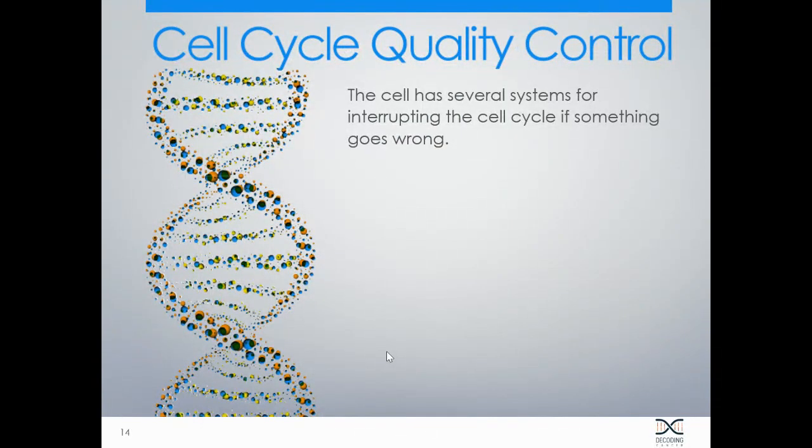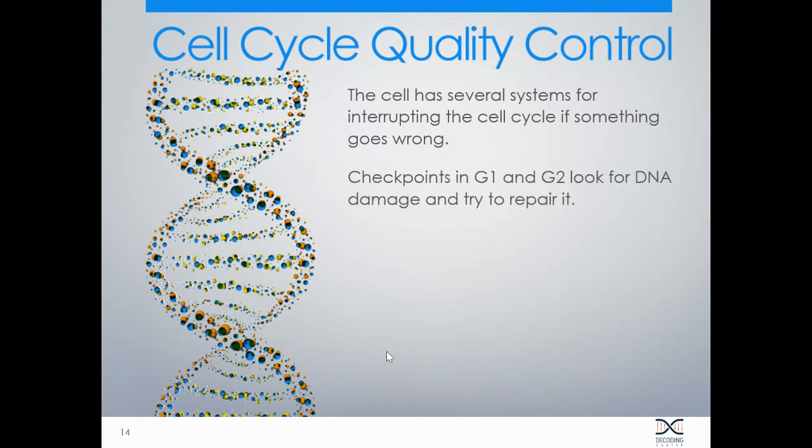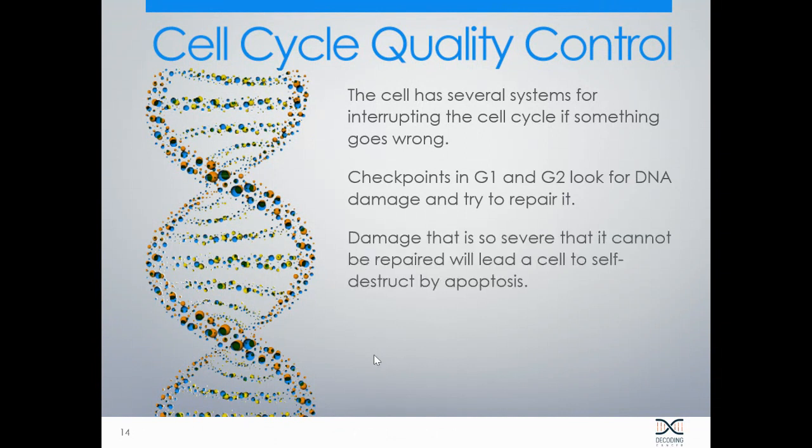And so during this, the cell has several systems for interrupting the cell cycle if something goes wrong. This is considered quality control. There are checkpoints in the G1 and G2 that look for DNA damage and try to repair it. If the damage is so severe it cannot be repaired, it will lead the cell to self-destruct.